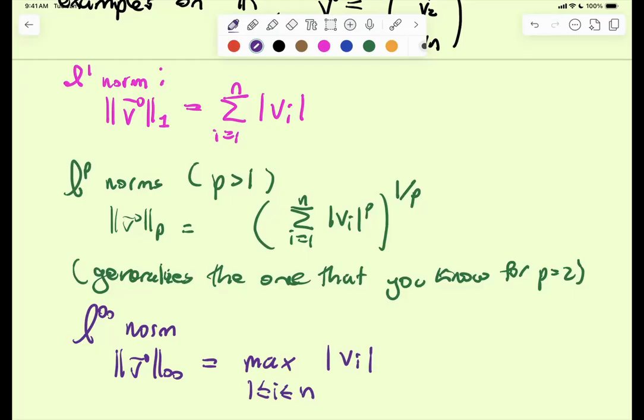There is definitely an inequality, right? There's a clear inequality because each of these entries is less than or equal to the max.